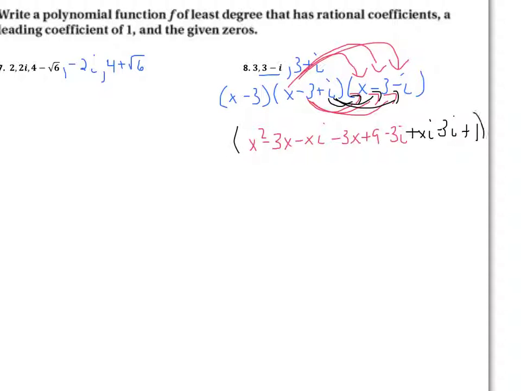So I have all that. I still have the x minus 3, so combine like terms here. X squared minus 6x, minus xi plus xi, gone. Minus 3i plus 3i, gone. 9 plus 1, 10.